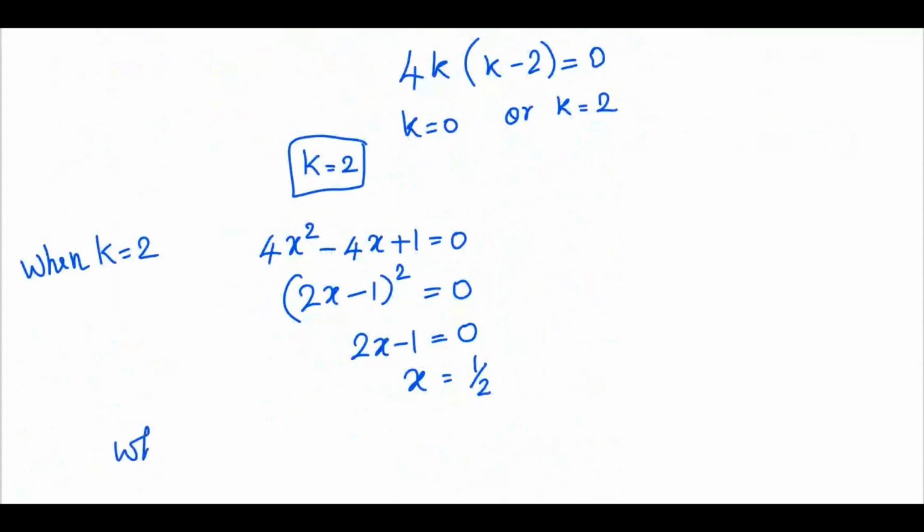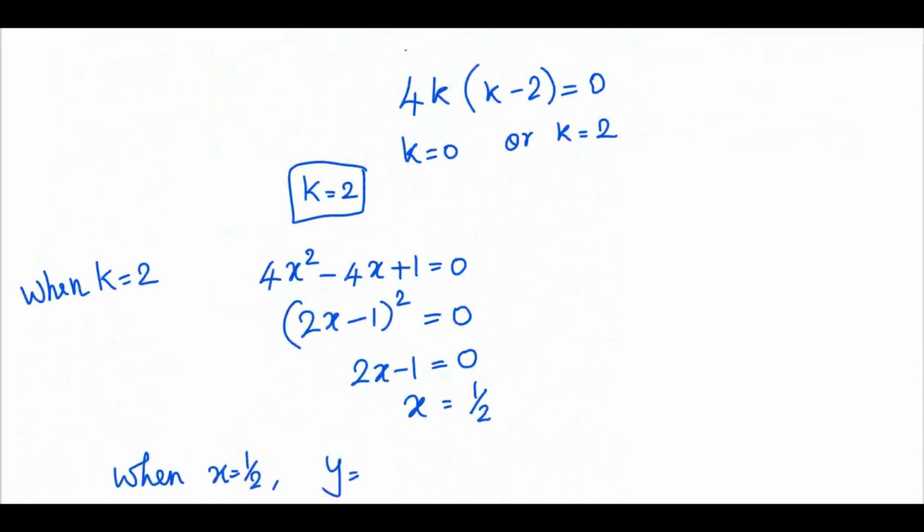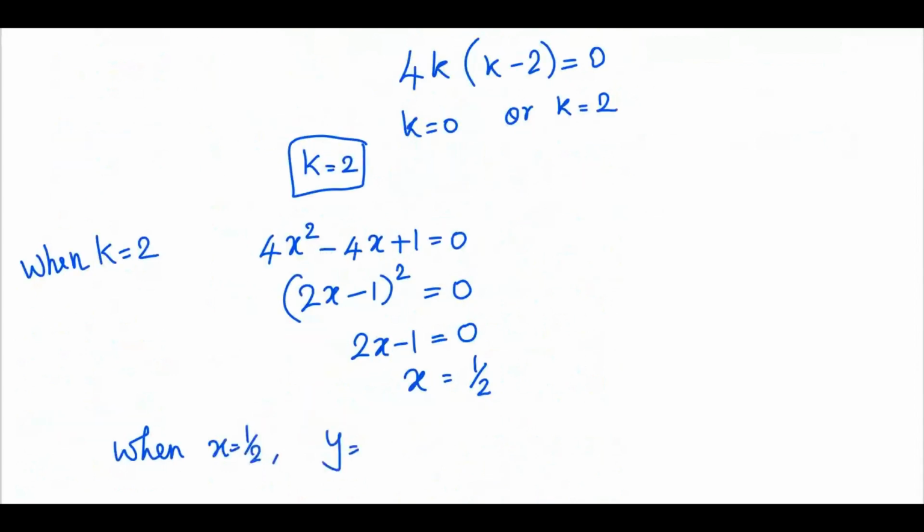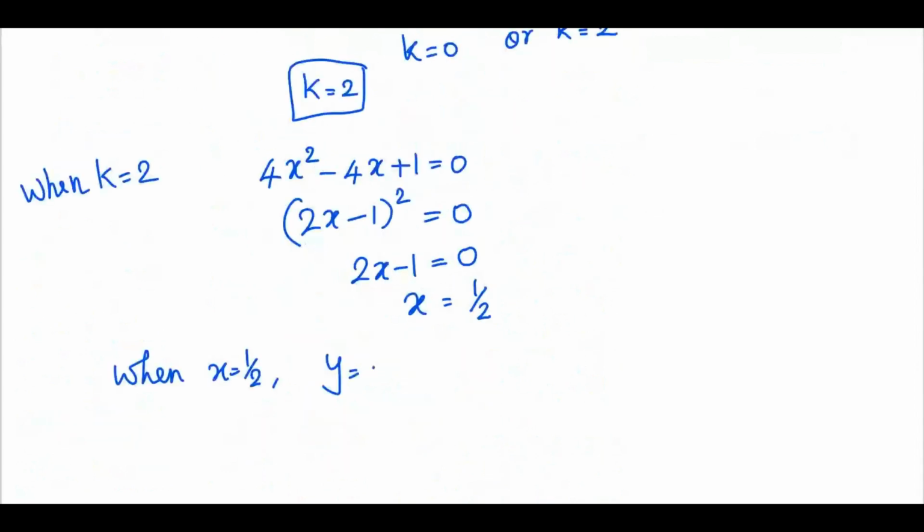So after finding the value of x, next we have to find out the corresponding y value. When x equal to 1 over 2, y is equal to kx minus k, that is 2x minus 2. 2 multiplied by 1 over 2 minus 2, which is equal to negative 1.